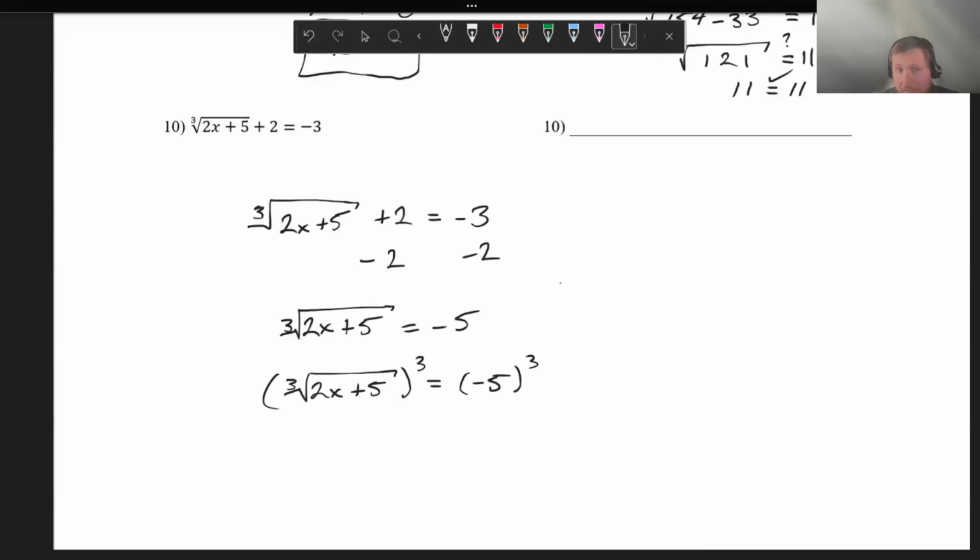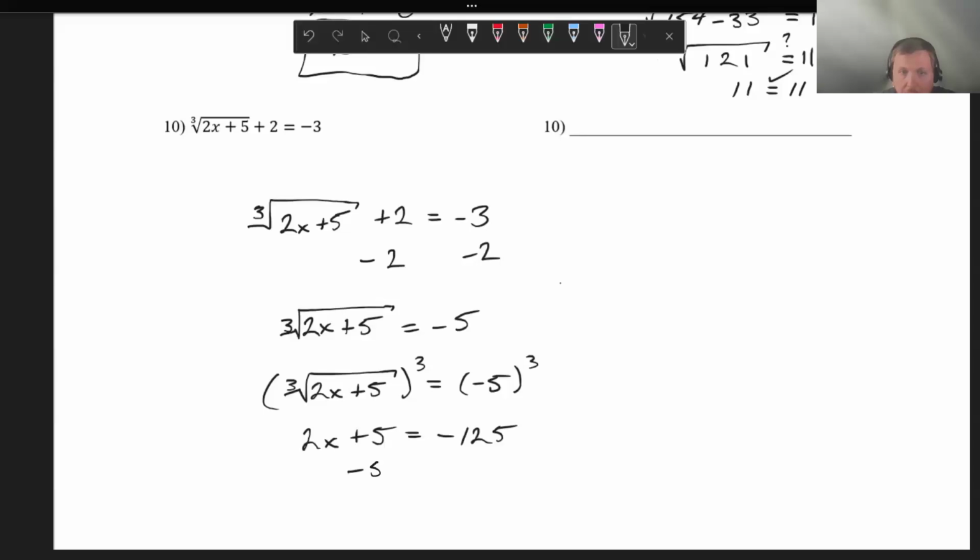So on the left-hand side, the cube cancels out the cube root radical, which gives me 2x plus 5. On the right-hand side, I have negative 5 cubed, so that's negative 5 times negative 5 times negative 5. You have an odd number of negative signs, so you end up with a negative 125.